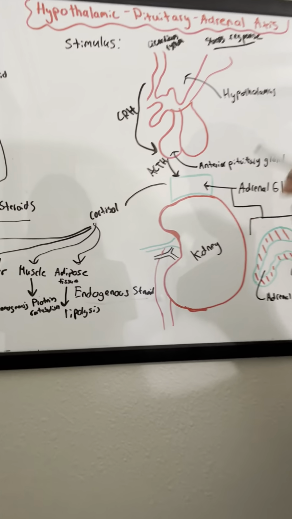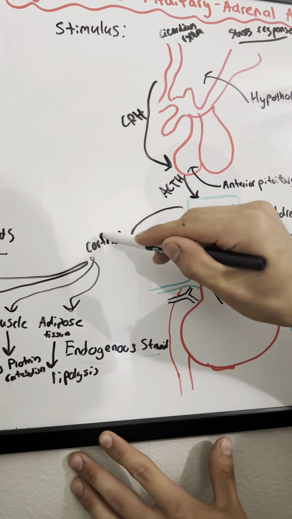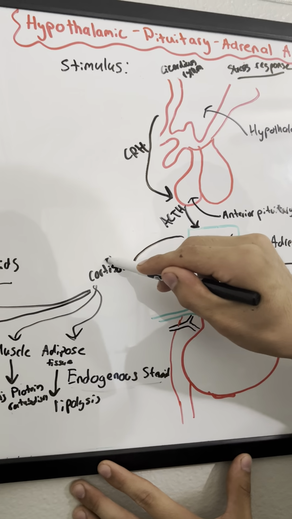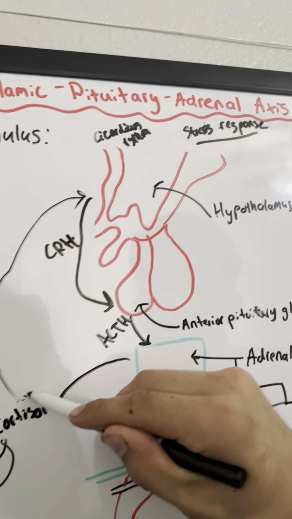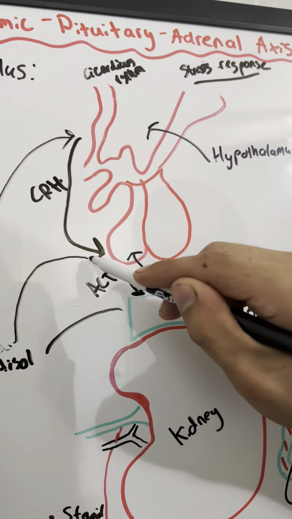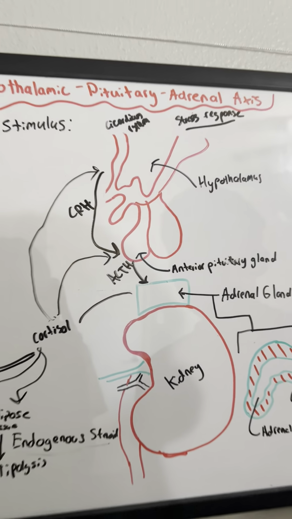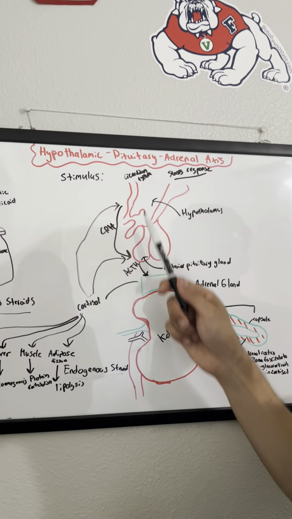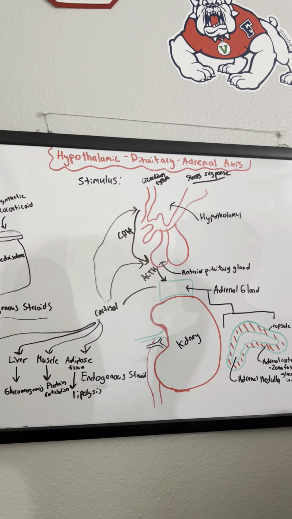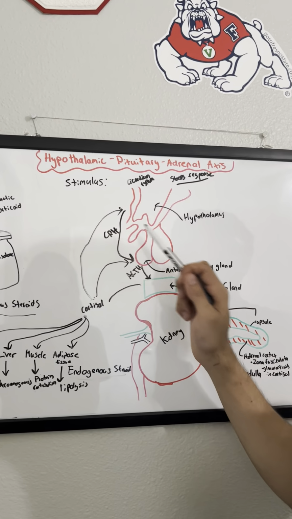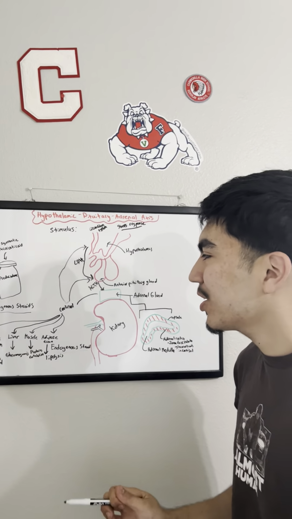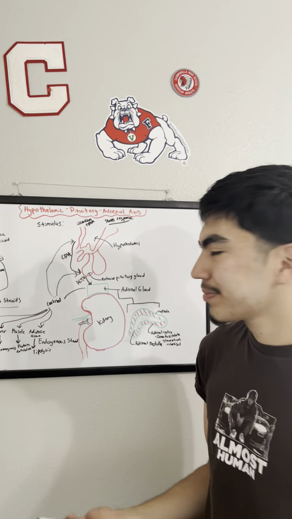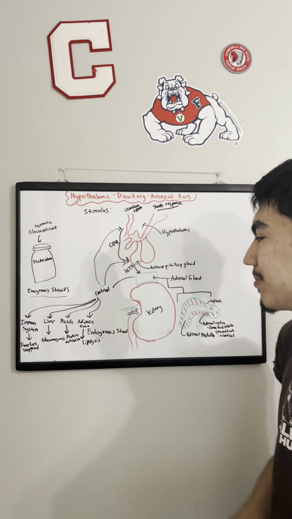What that means is that the cortisol that was secreted goes back to suppress the hypothalamus and also in turn the anterior pituitary. So it suppresses these two, which means that less CRH and less ACTH is being secreted, which in turn means there's less cortisol. Okay, so that's one way to reach homeostasis.